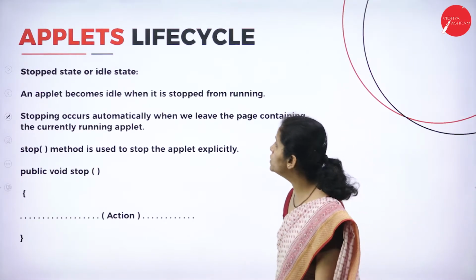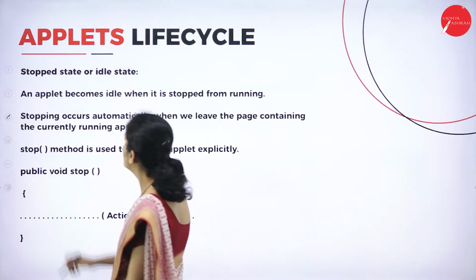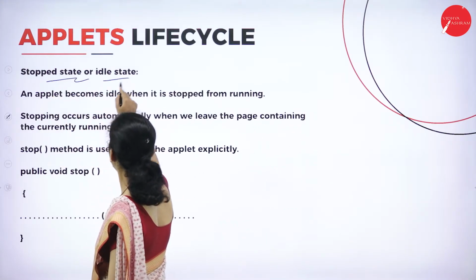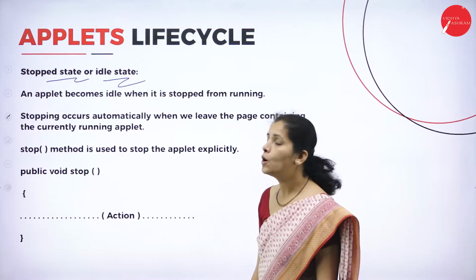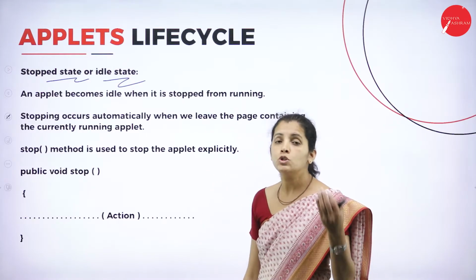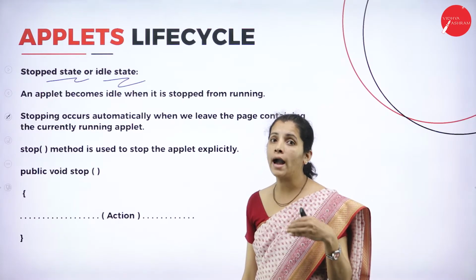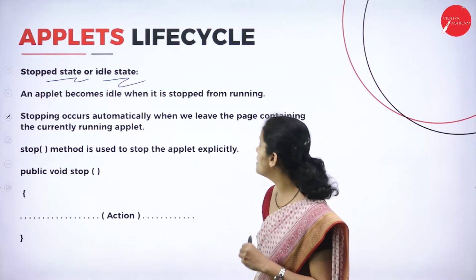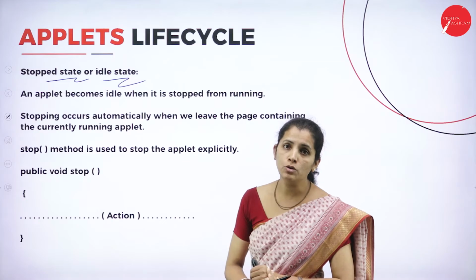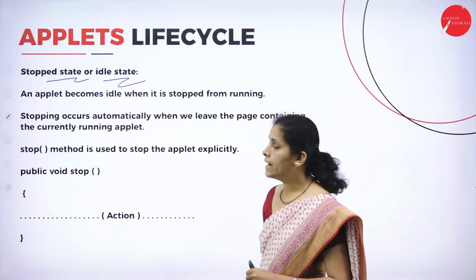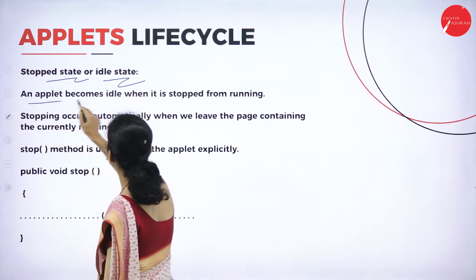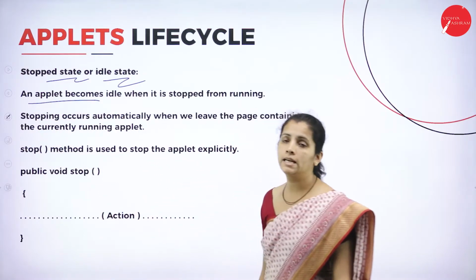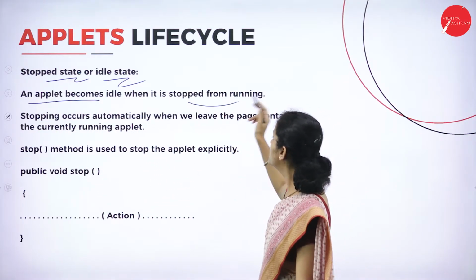Now moving on to the next state, that is stopped state or idle state. So what is this stopped state? When I want to stop the execution of an applet, I'm going to make use of idle state or stop state. An applet becomes idle when it is stopped from running.